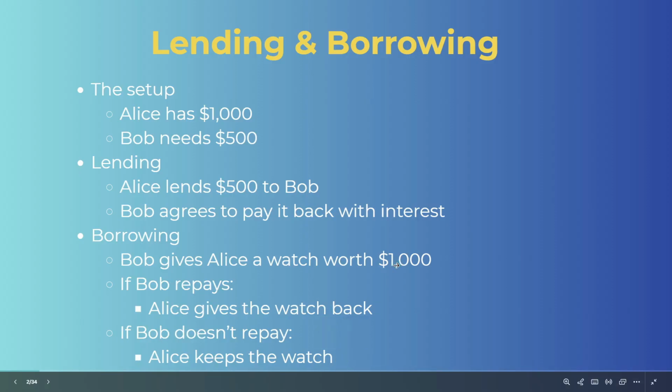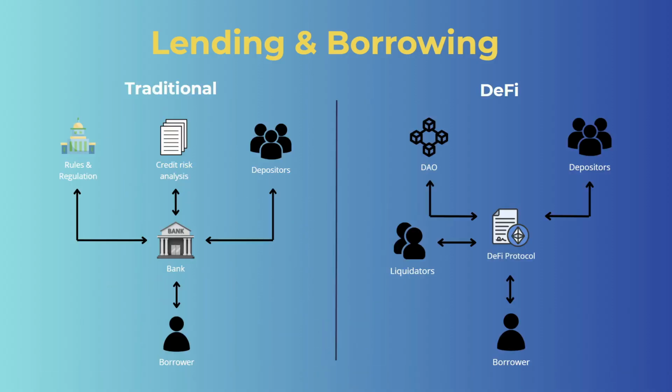This is a very simple example, but in reality, there is the bank that issues the loans. For example, in the case of a mortgage, when you need to buy a house, the bank gives you a loan, which let's say is 50% of the value of the house that you want to buy.